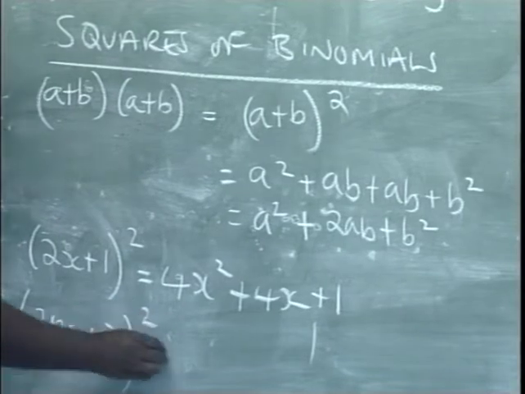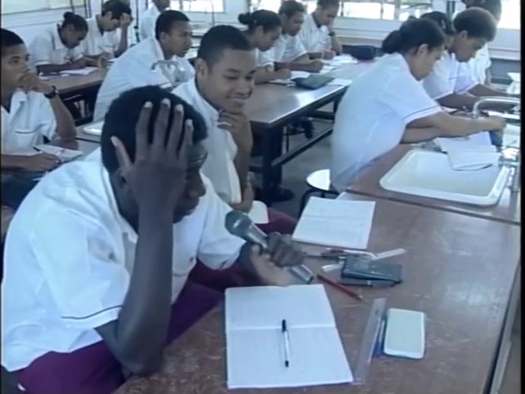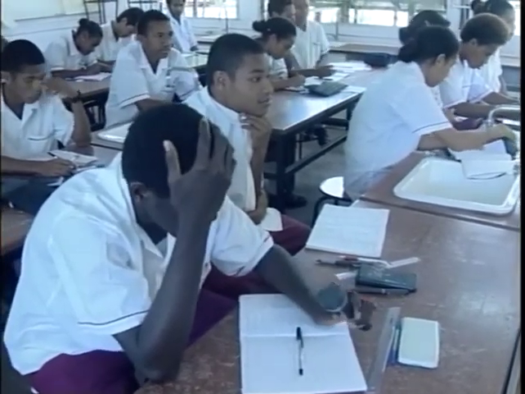Okay, I want someone to give me the answer to 2m plus 3 squared. Anyone? Solomon? Square 2m and you get 4m squared. And then?